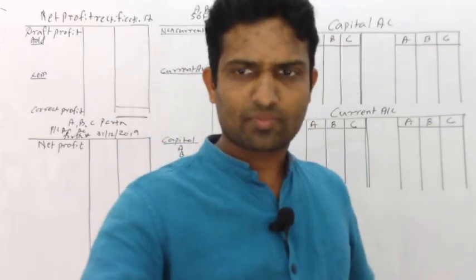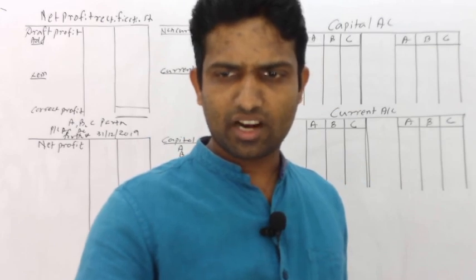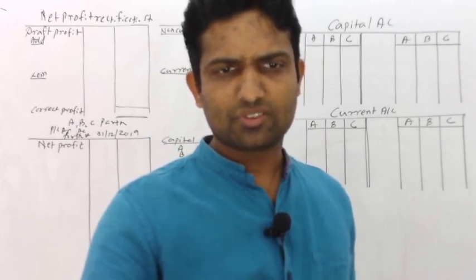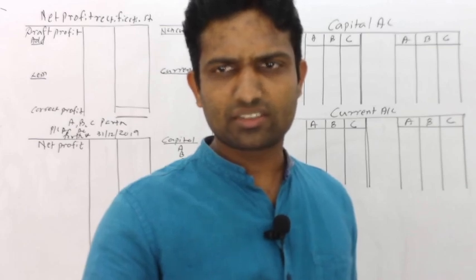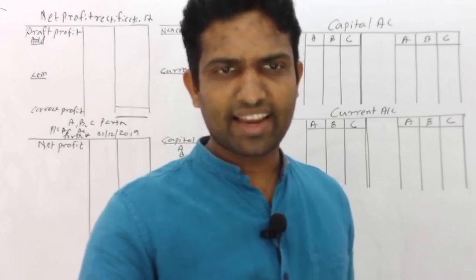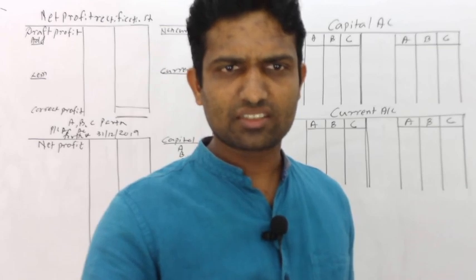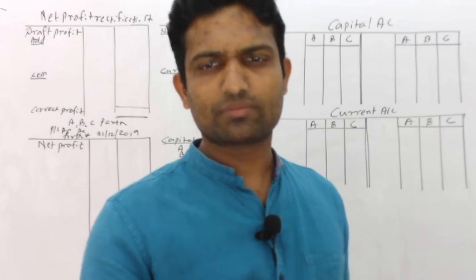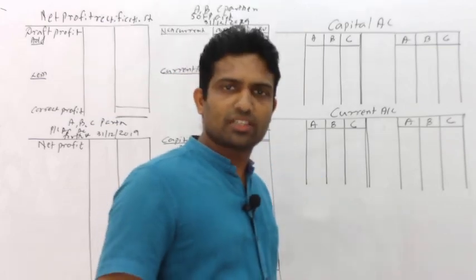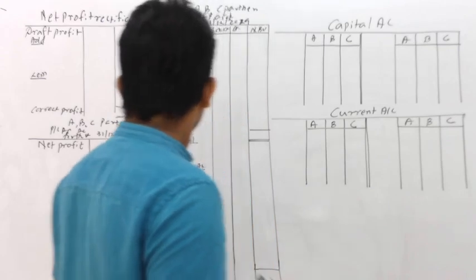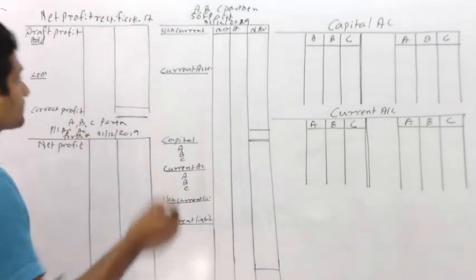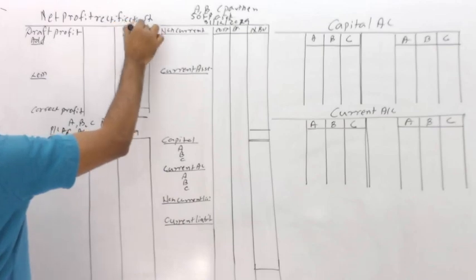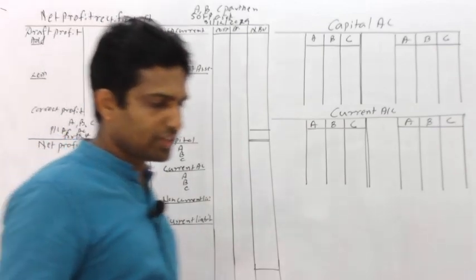First, see the trial balance given to you for the net profit they have calculated. The calculated net profit is given, right? That is 230,000. You can put this 230,000 here in the net profit verification. This is the one you have to verify.